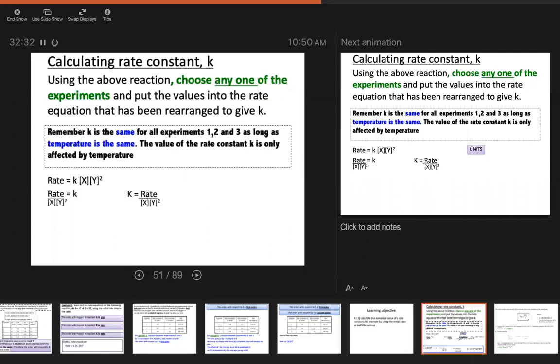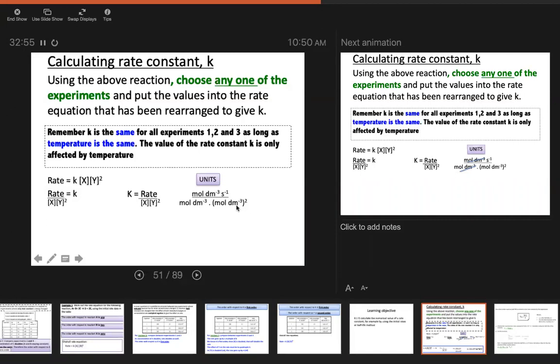Okay, don't forget to work out your units, right? To work out your units, remember that the units for rate is mole per dm cube per second. Divide by the number of brackets you have. Okay, for X, that's only one bracket, so that's 1 mole per dm cube. For Y, you have to square it.